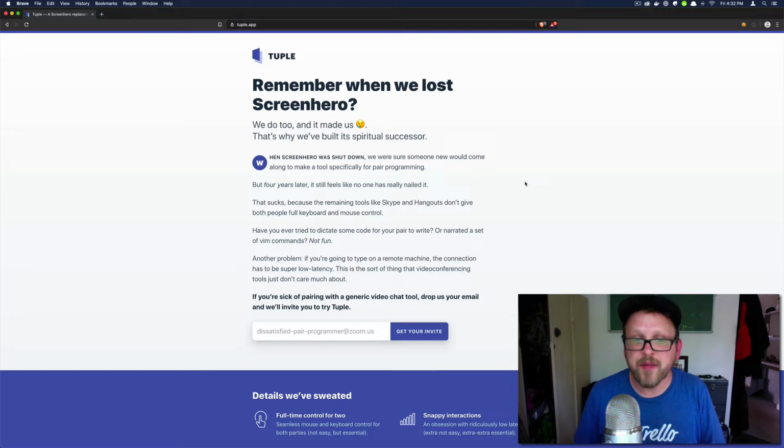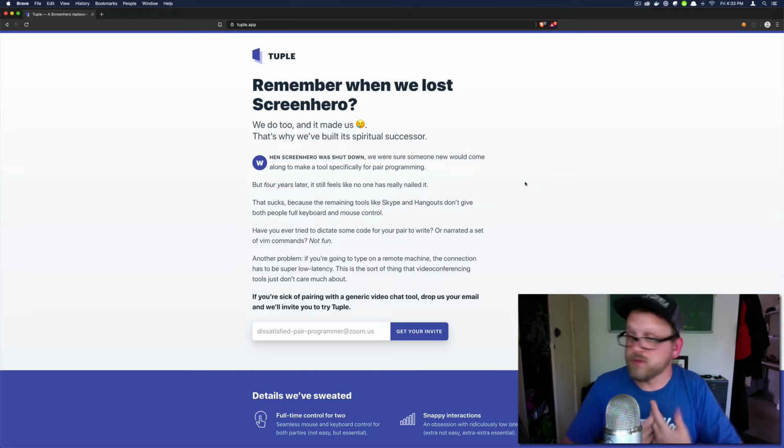You could come at it in a kind of manifesto way, where you say it's 2019 and still remote pairing is really, really hard. That's not a bad way of doing it. You're saying, here's the problem we're trying to solve: it's really hard to be a remote pair programmer. You could go super generic and say Tupal brings your remote team together, right?